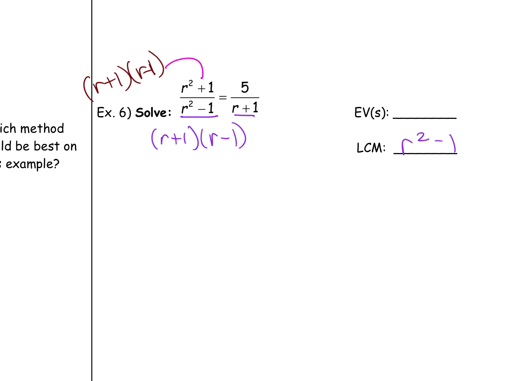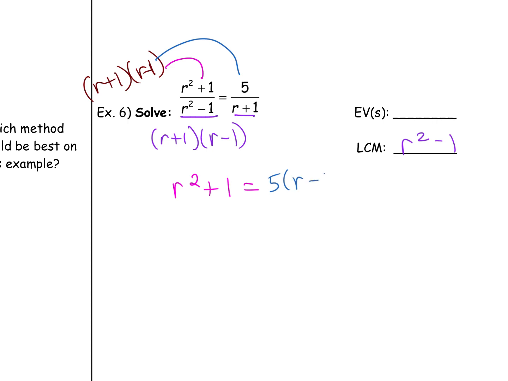So when I take that and I multiply this left side, isn't the denominator going to cancel out? Leaving me with just r squared plus 1. When I multiply the right side, the (r + 1)s will cancel out, but the (r − 1) will not go away.